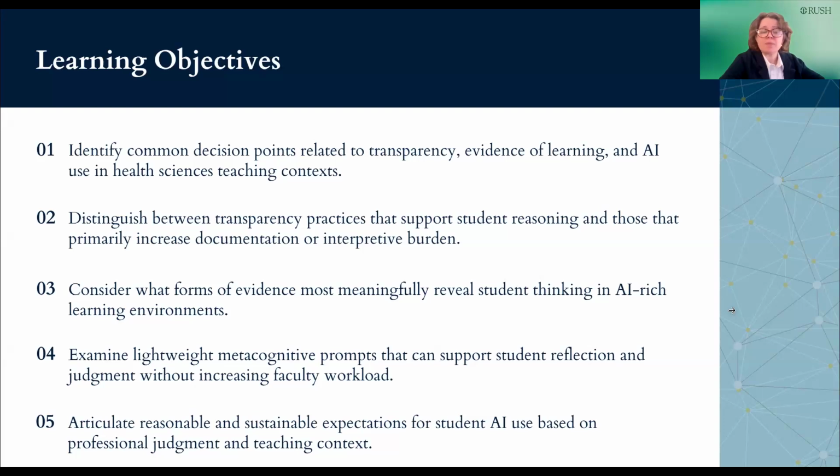Consider what forms of evidence most meaningfully reveal student thinking in AI-rich learning environments. And examine lightweight metacognitive prompts that can support student reflection and judgment without increasing faculty workload. Lastly, articulate reasonable, and that's a key word here, and sustainable expectations for student AI use based on professional judgment and teaching context.